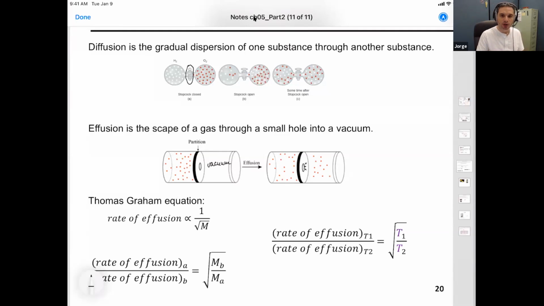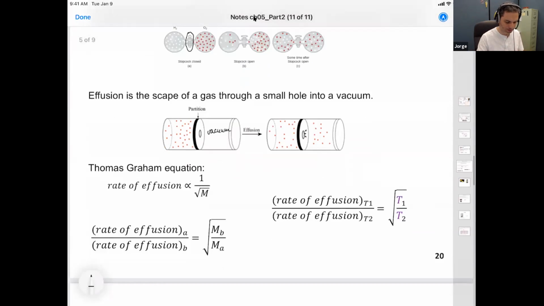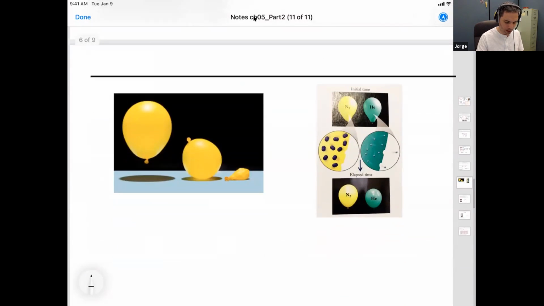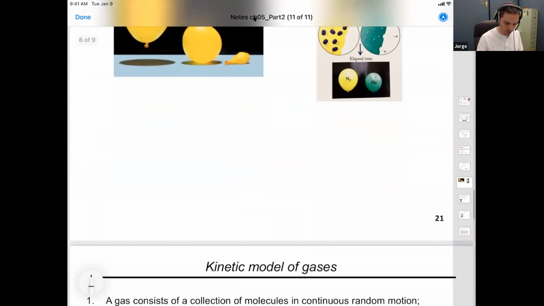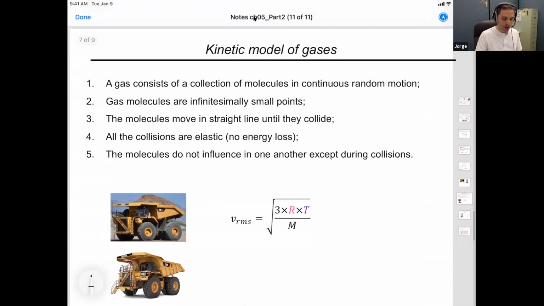All right. So now let's start talking about the dynamics of gas movement. And I will go back to this later. Let's start introducing the concept for the kinetic model of gases.